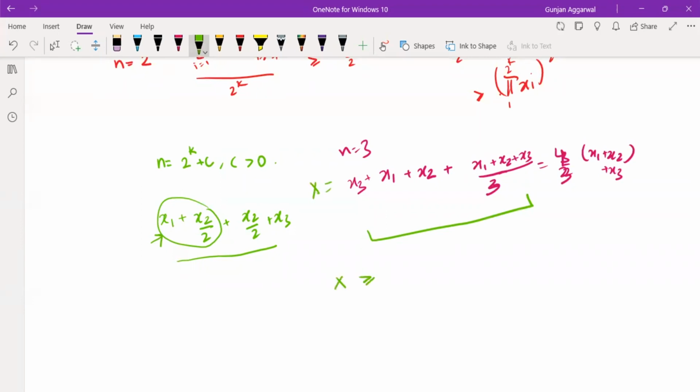So x is greater than or equal to 4 times the 4th root of x1, x2, x3 times x1 plus x2 plus x3 by 3.